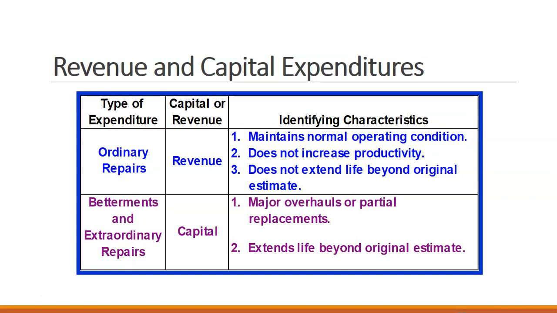If we look at a car, ordinary repair expenses are going to be things like an oil change, rotating tires, replacing spark plugs, those kinds of things. However, an extraordinary or capital repair would be if we put a new engine in it that then extended the life of that vehicle for several years.